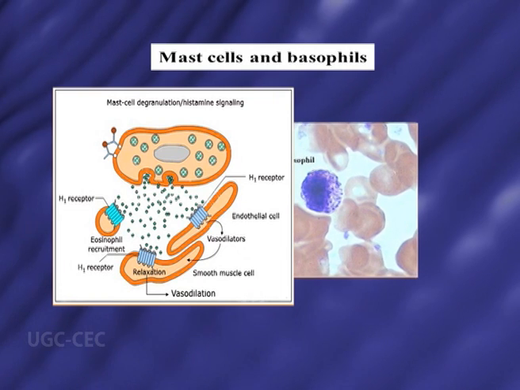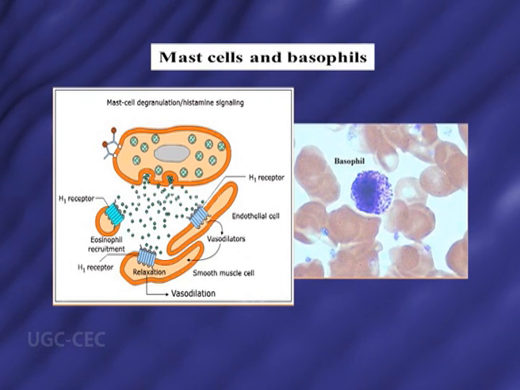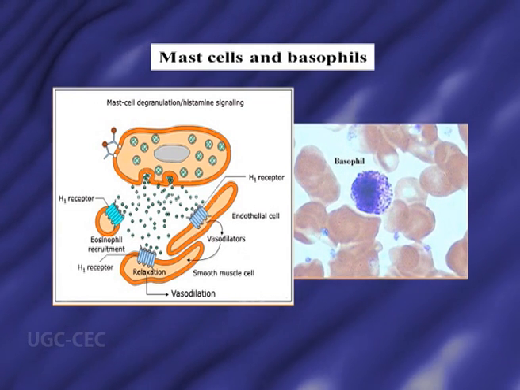And basophils are leukocytes which circulate in the blood of most vertebrates. The cytoplasm of both basophils and mast cells contains a number of membrane bound granules, and the granules are full of pharmacologically active molecules.